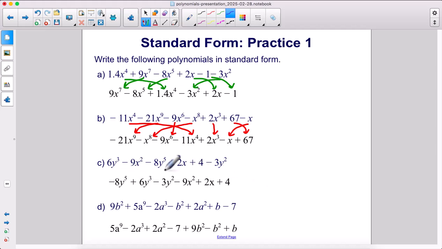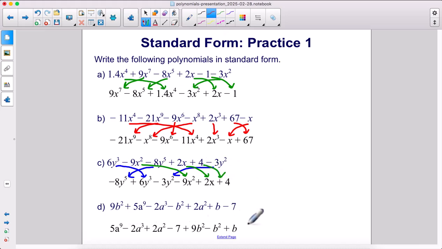So because y has the highest degree overall, let's start with the y's and then we'll do the x's. So we have negative 8y to the 5th, then we have 6y to the 3rd, and negative 3y squared. Then we're going to switch over and do the x's. So the x's in order: negative 9x squared, 2x, and then finally we have a constant of 4.